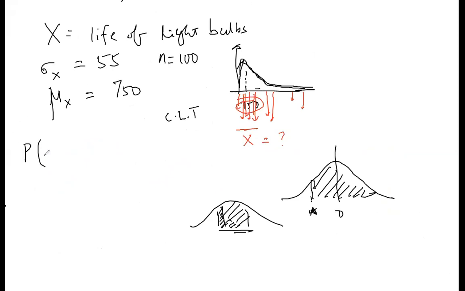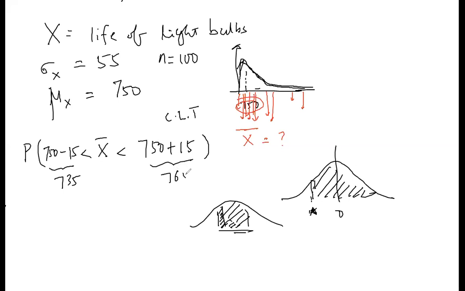To find X bar is within 15 hours from the population mean. The population mean is 750, so it'll be plus minus. Basically this is 735 and this is 765.